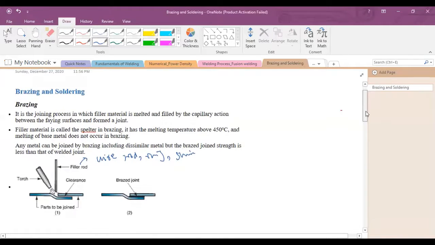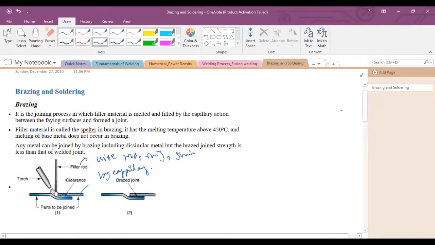This filler material is melted and fills inside this clearance by capillary action. Capillary action is the force that pulls the liquid material inside the joint, because there is an attraction between the molecules of the solid part and the molecules of the liquid filler material.